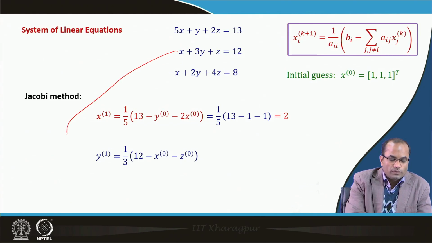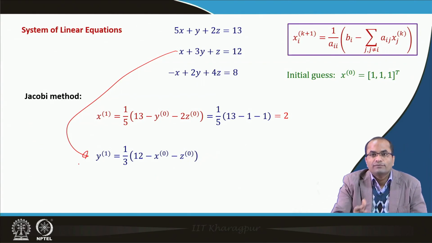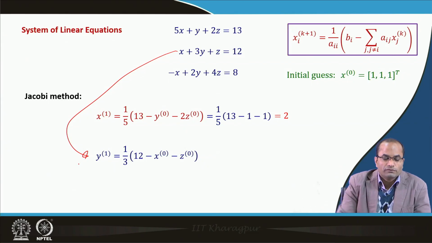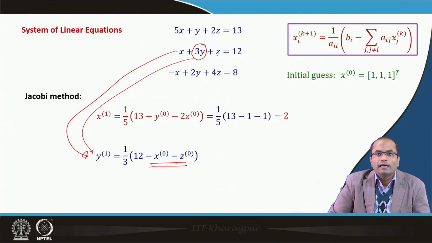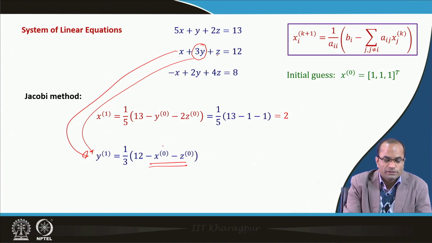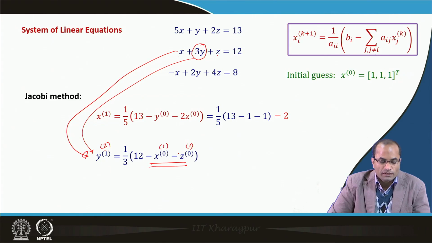Regarding the second equation, again we do not have to really go through this formula, directly we can write. So, from the second equation, now we have to take y to this side, and the rest, x and z, will go to the right hand side, and then we will set up the iteration. So, here we will put a 0, then we will put here 1, and in the later iterations also, for example, in the second iteration this will be 2, and this will be just the iteration before this, that is 1.